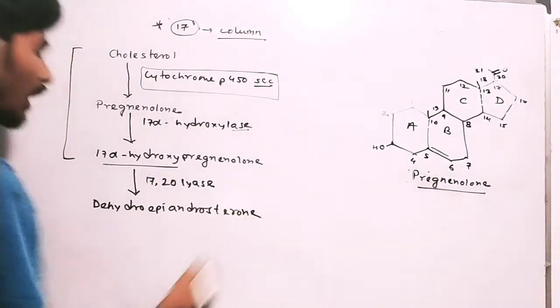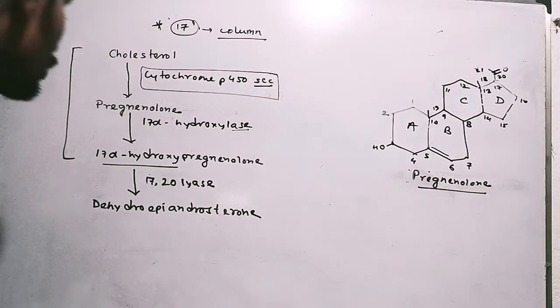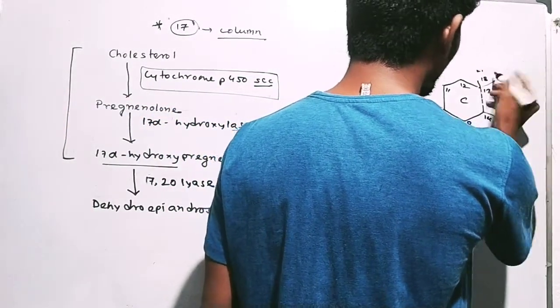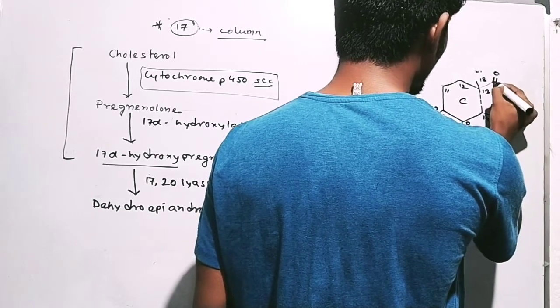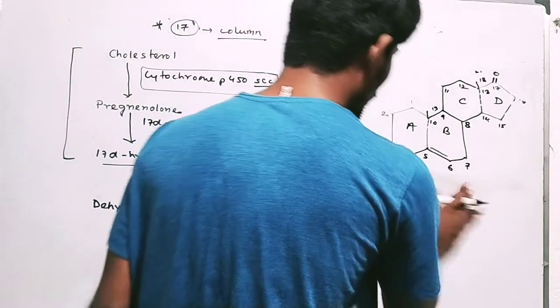Okay, so it is now an androgen. So you can see that it has been clipped here, forming a keto group here. So it is a keto group here. Now it is called dehydroepiandrosterone. Okay, so it is not replicable anymore.